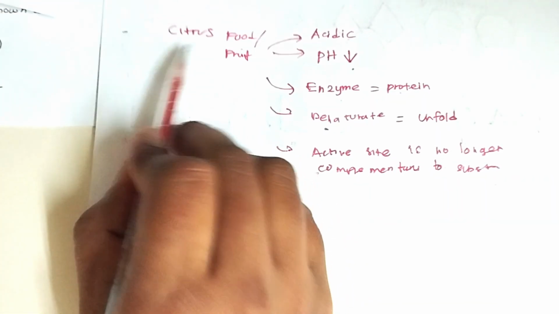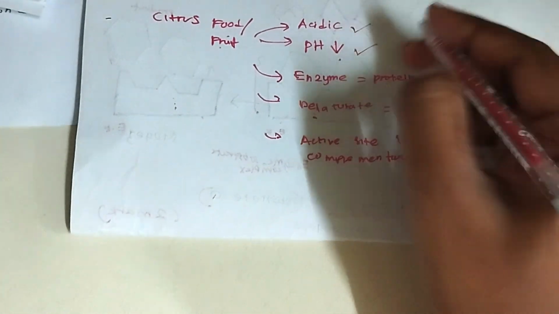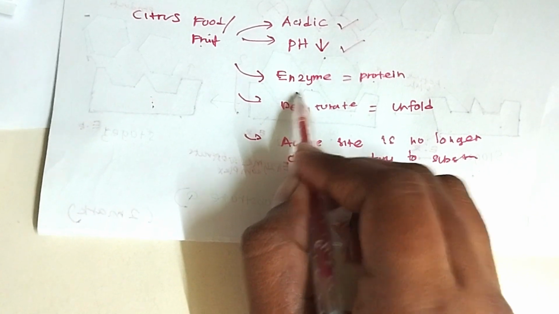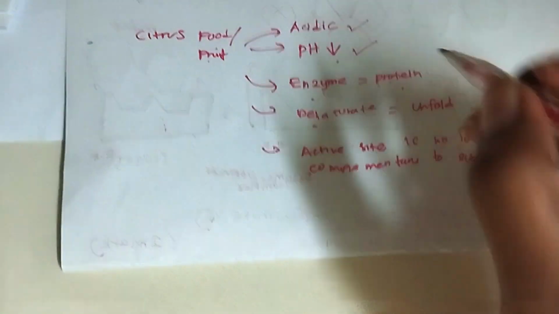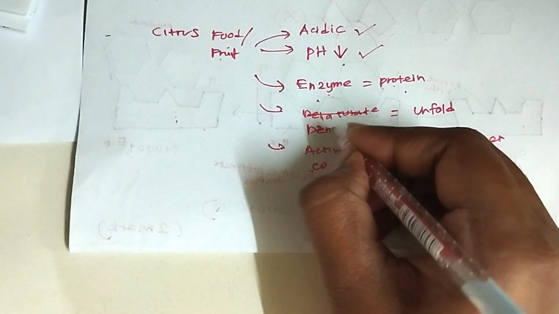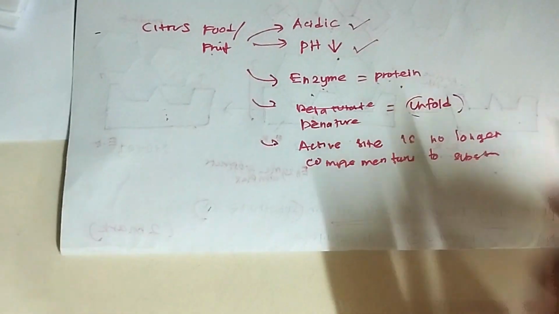Citrus fruits are acidic. When it's acidic, the pH is very low. What happens to the enzyme when the pH is low? The enzyme is a protein, so it would denature, which means unfolding occurs.